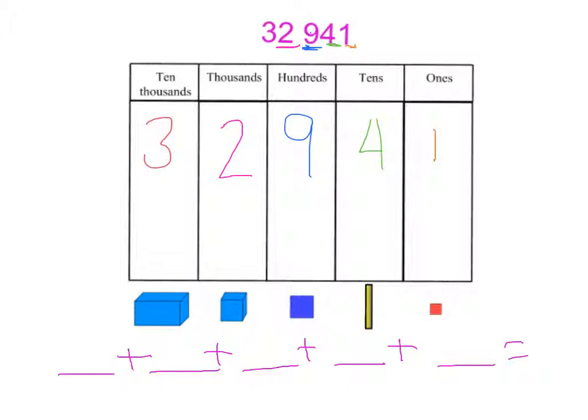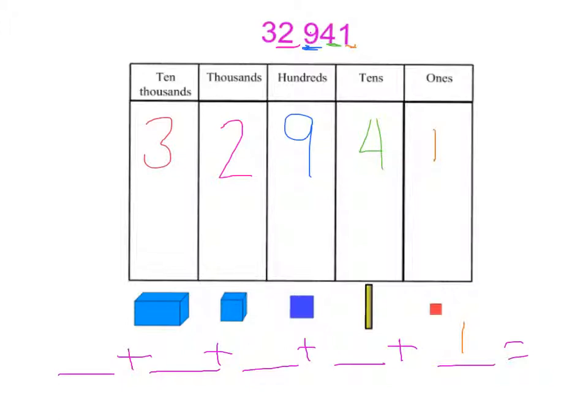So there we have it. Our number is 32,941. Time for the expanded version. So we have our ones. I'm going to write that one in first. Just write it simply as 1. We have our tens.